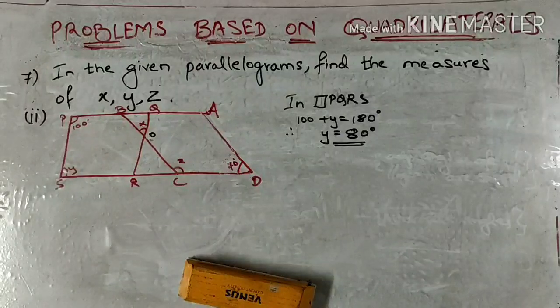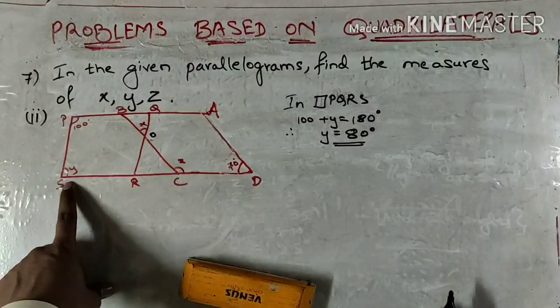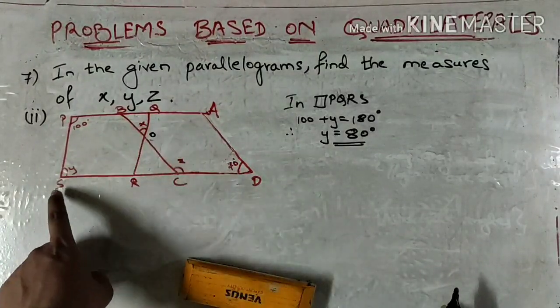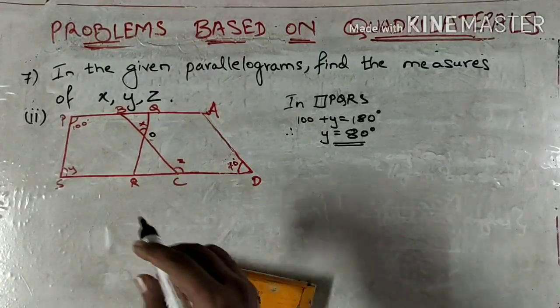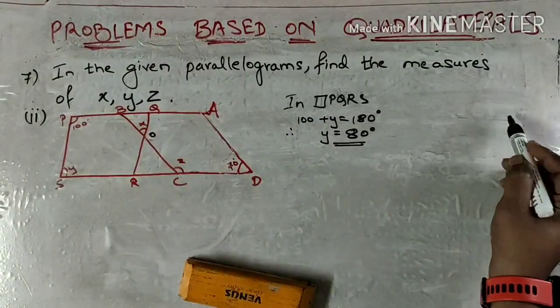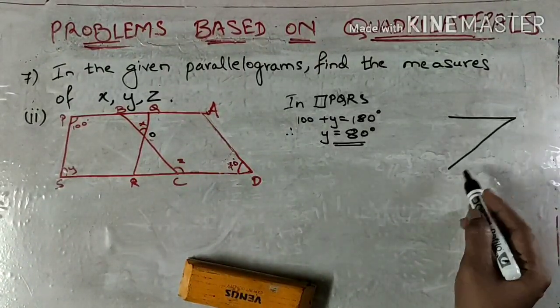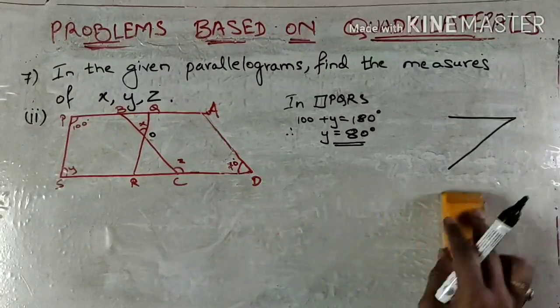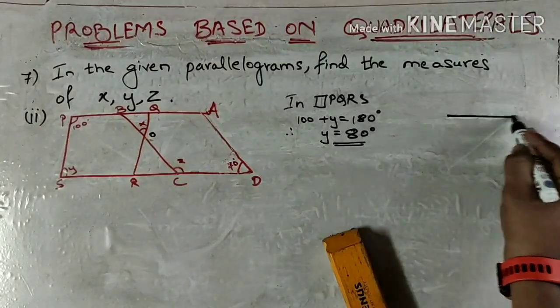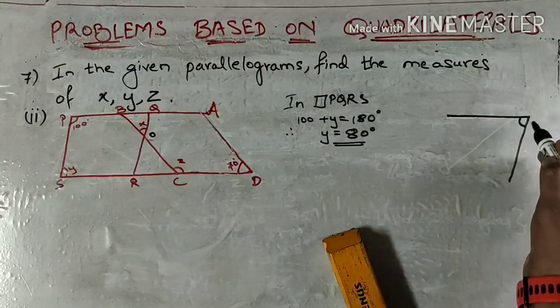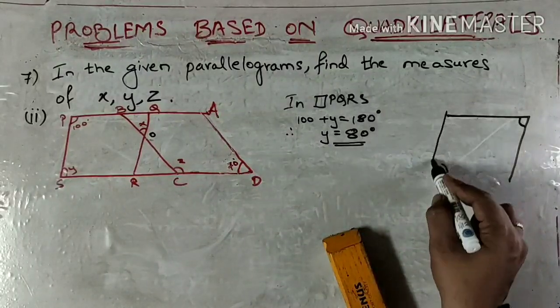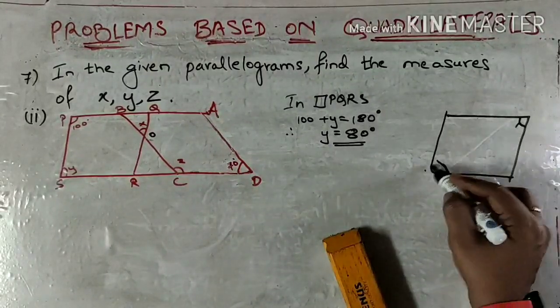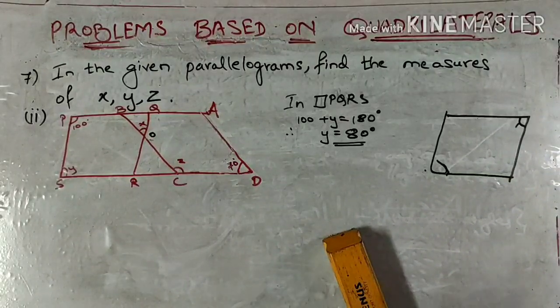Now angle PQR is equal to y. See this angle PQR is equal to this angle, in terms of the parallelogram, because opposite angles of a parallelogram are equal.